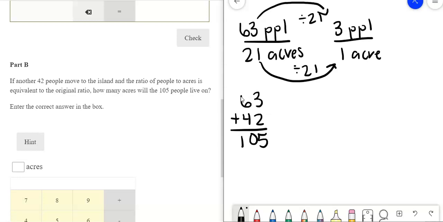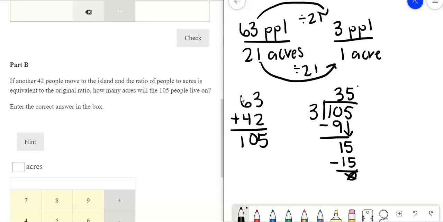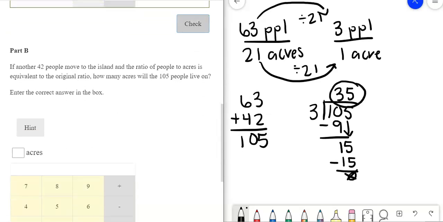So we're going to take 105 and divide it by 3 people. So 105 divided by 3. 3 goes into 10 3 times because that is 9. 10 minus 9 is 1. Bring down our 5. 3 goes into 15 5 times. 3 times 5 is 15. With no remainder, so 35.